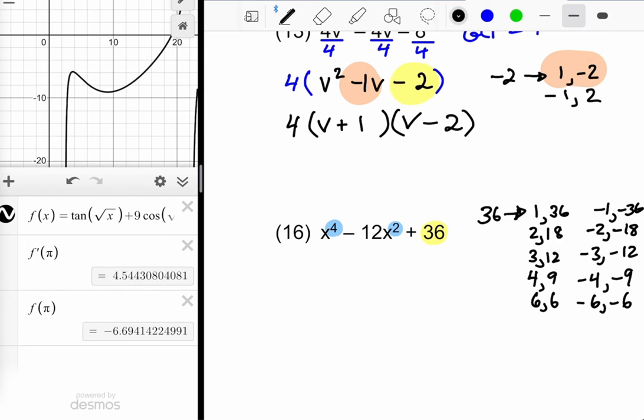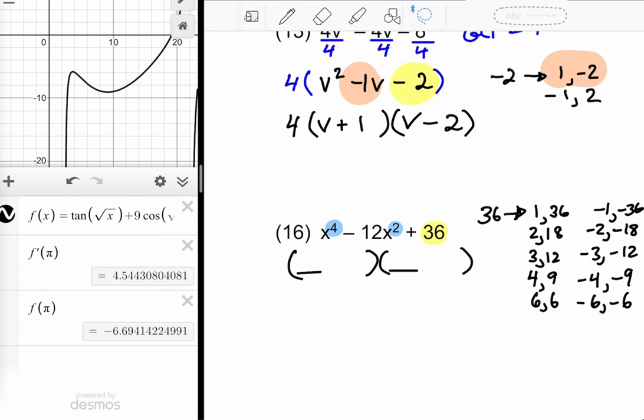All right, so I know I'm looking at 2 binomials. The first entry of each binomial has to multiply to the first term of the trinomial. So what are our possibilities?